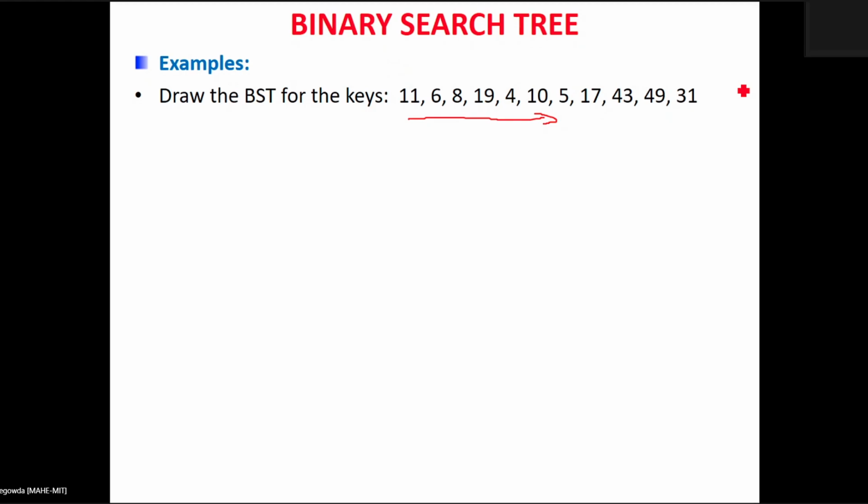Whenever a sequence is given, you take the first key value, and this first value is going to become the root node. Before constructing, our BST is empty. When it is empty, you take the first value, create a node and assign the value 11 to that node.